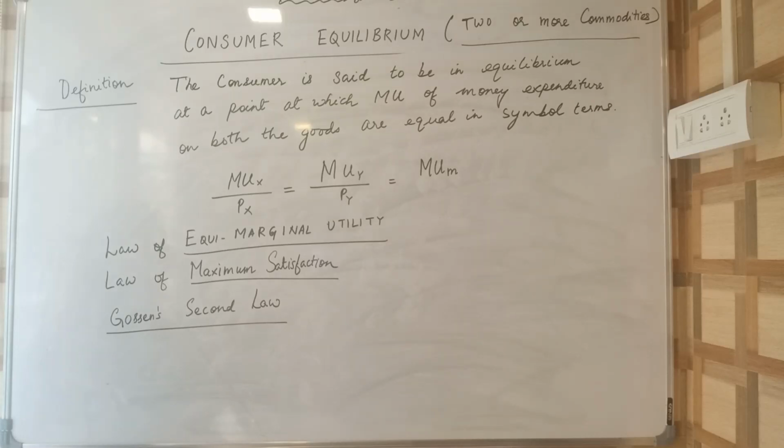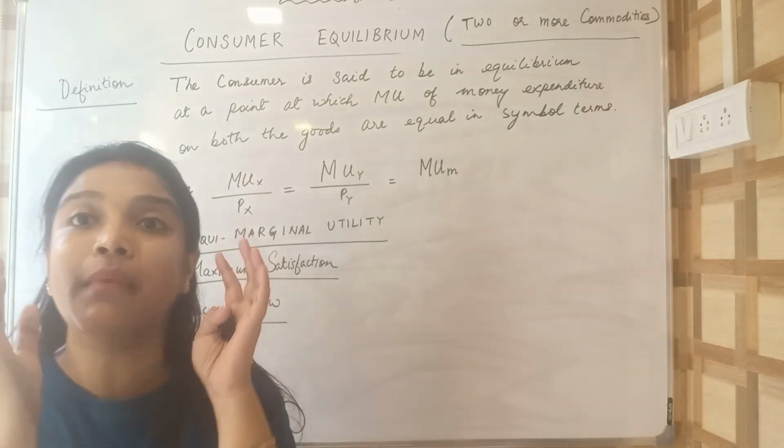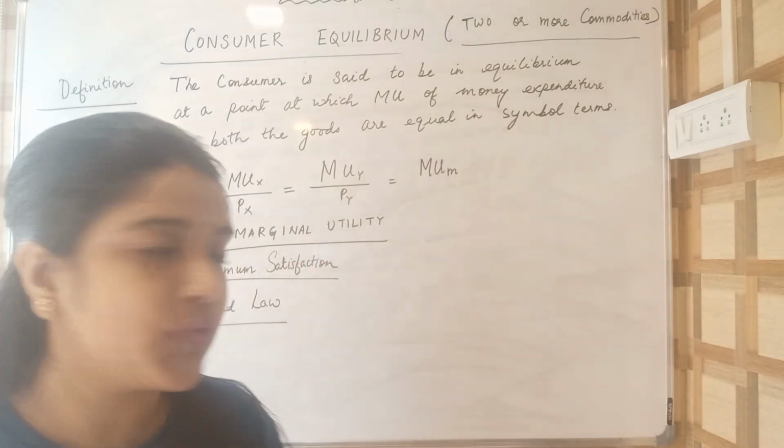A consumer is said to be in equilibrium in case of two or more commodities at a point at which the marginal utility of money expenditure on both the goods are equal. Now, what did we study? What is the marginal utility of money expenditure of any good, let's say good X?